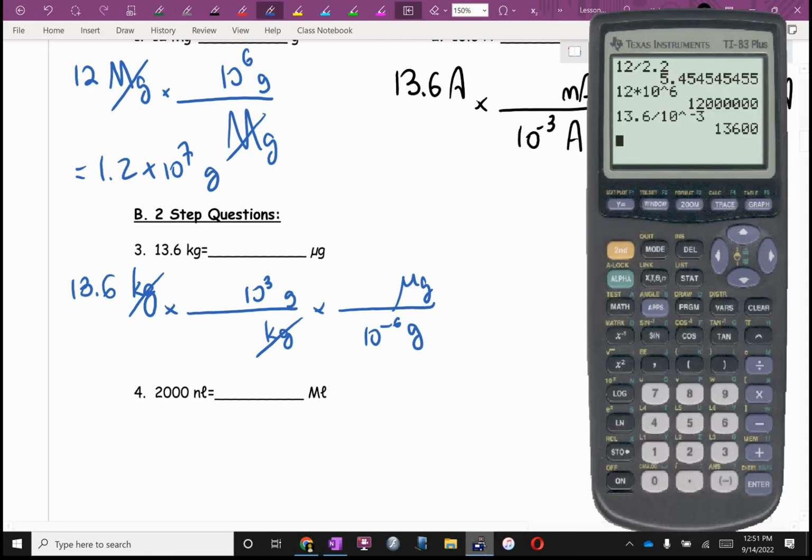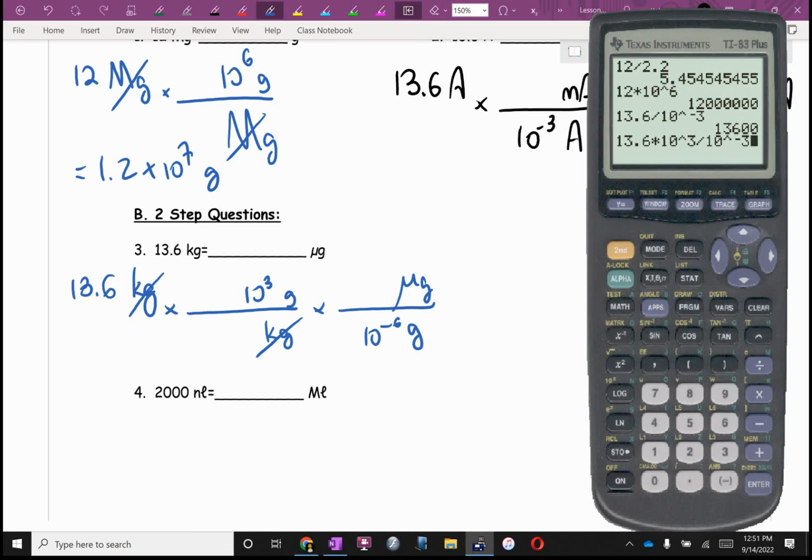Okay. Try typing this on your calculator, please. This isn't scientific notation, even though it has 10 to those. I'm not using my scientific notation button. I'm just typing it as is. I think you're going to get a fairly big answer. You might, depending on your calculator, even get an answer in scientific notation.